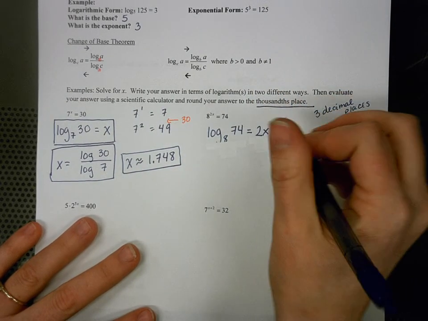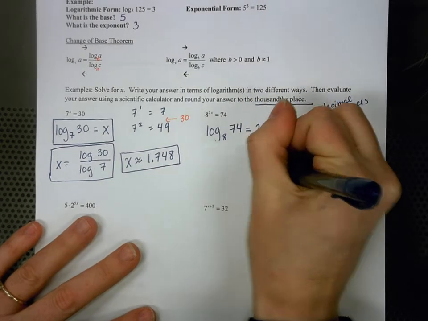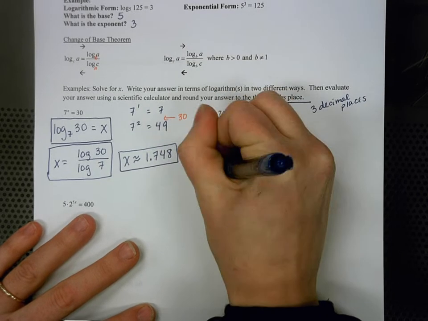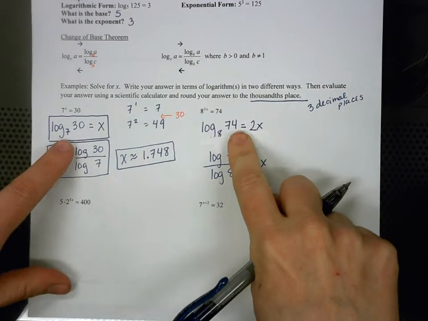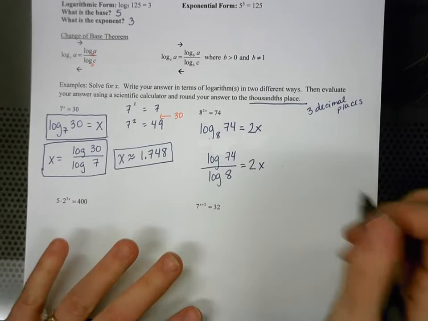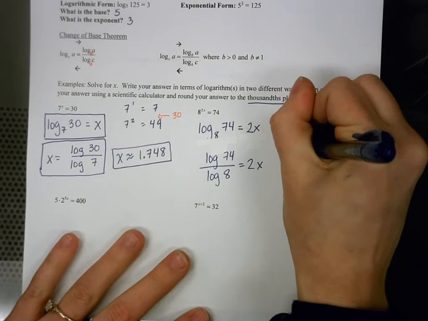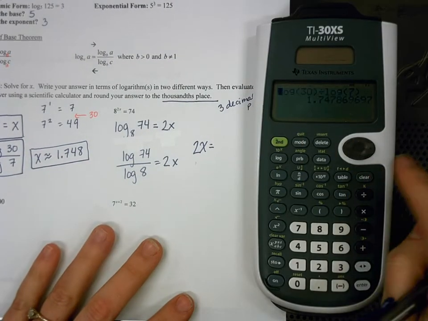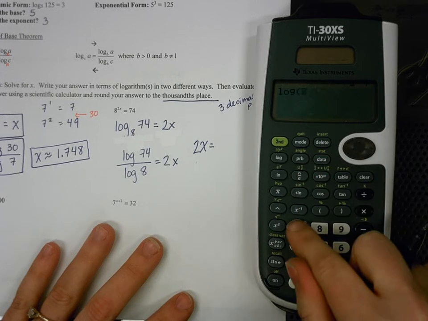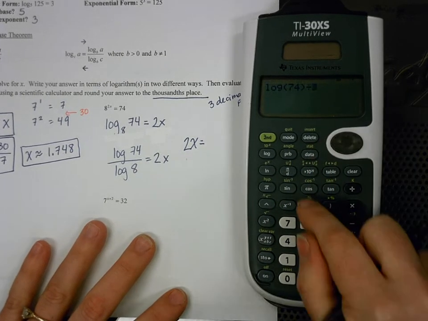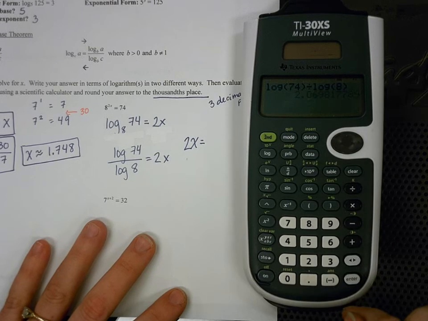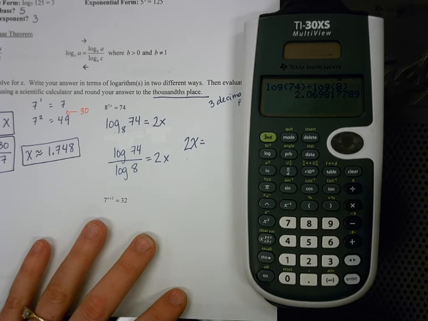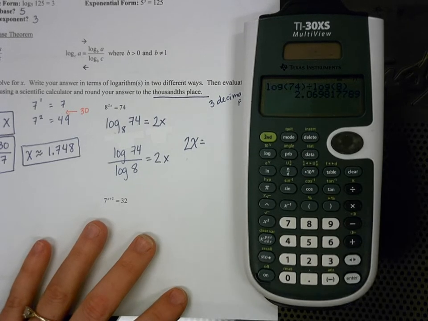Okay, so that's one way. The second way would be 2x equals the change of base. So that would be log of 74 over log of 8. Same thing, log of your answer over log of your base. Written 2 different ways, and then we're going to approximate it. 2x is log of 74 divided by log of 8, 2.0698, which means 2.07.